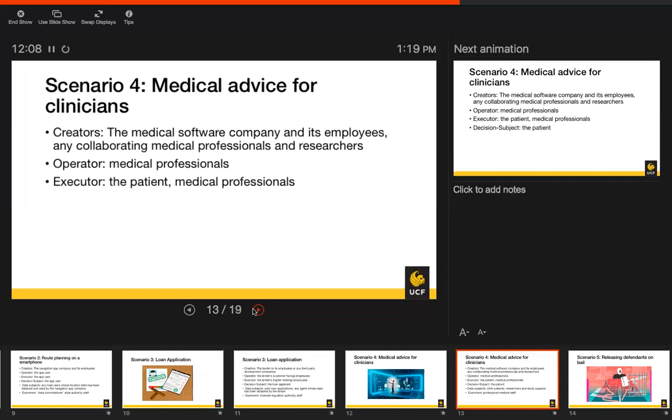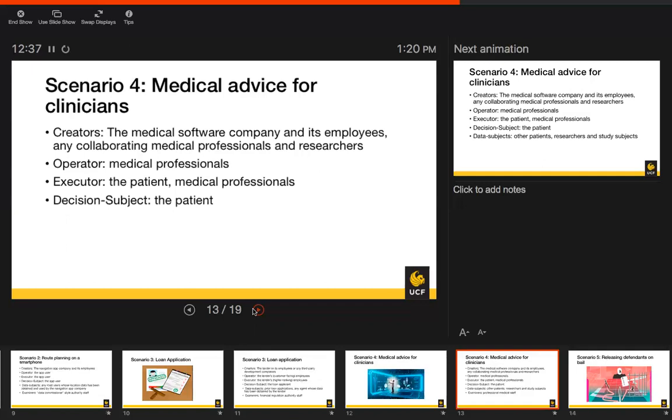Because either the patient could make the decision whether he accepts the diagnosis from the machine learning system, or some patients are still too young to make any decision, so their guardians will help them to make the decision. And also, the medical professionals will help to make the decision what kind of medications or treatment they will receive.